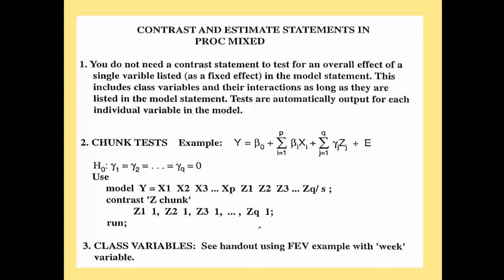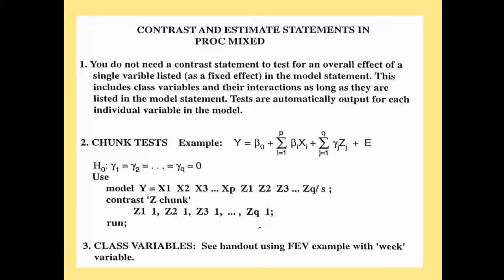If you want to test a hypothesis about a fixed effect in a linear model, not random effects, one way to do it is let the computer do it if the fixed effect you're testing is in there directly in the model statement.